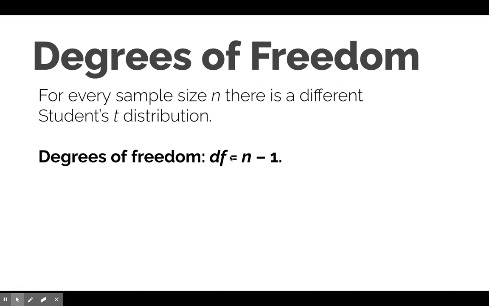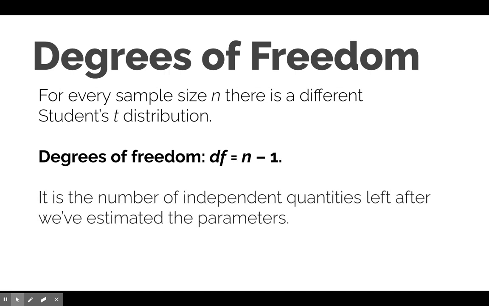But again, the degrees of freedom that it has is equal to the sample size minus 1. And essentially, for the definition of degrees of freedom, it's the number of independent quantities that are left after you've estimated the parameters. I know that might sound funky, and if it helps to just accept this and know that this is what we do, that's okay.